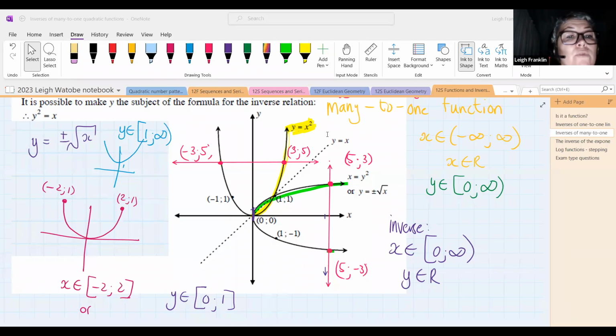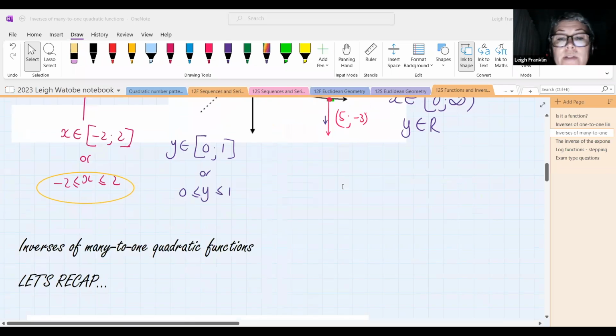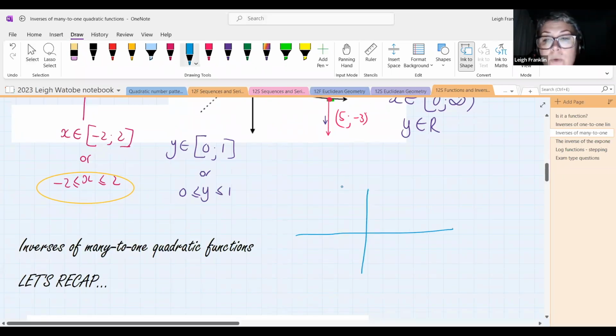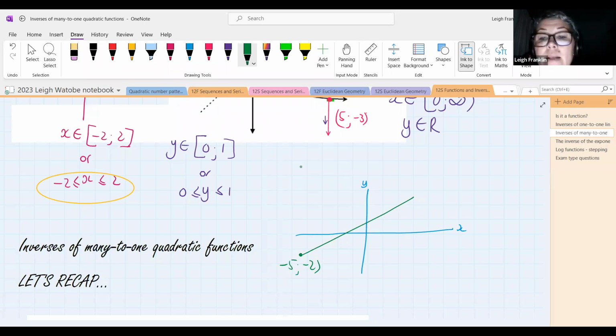Okay, so Ria, if you are given endpoints, so let's say they give you your x and your y axes, and they give you a line that does this. And let's pretend over here that the coordinates are -5 and -2, and over here the coordinates are 3 and 4.